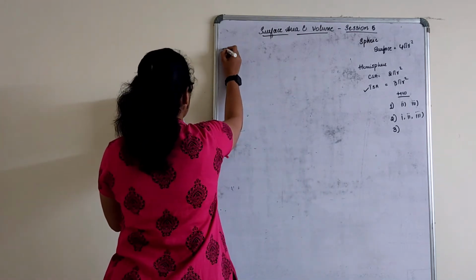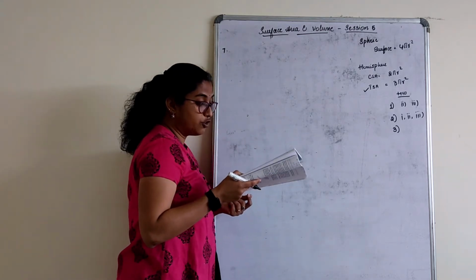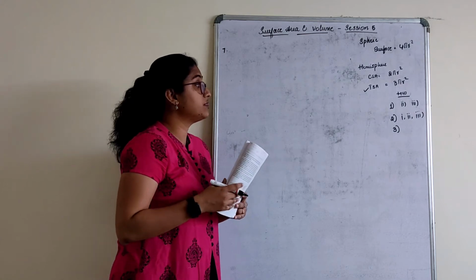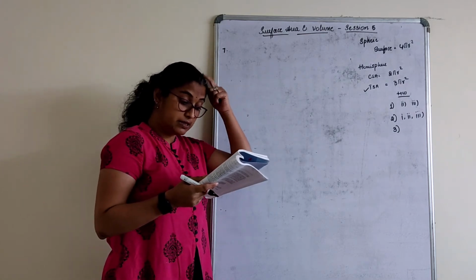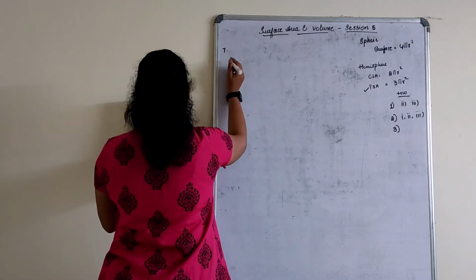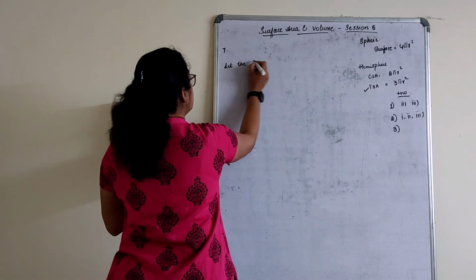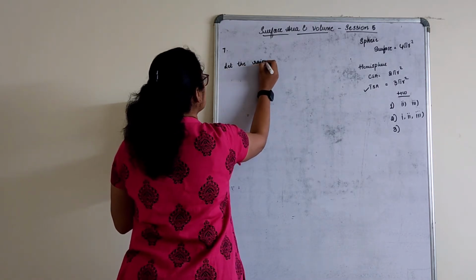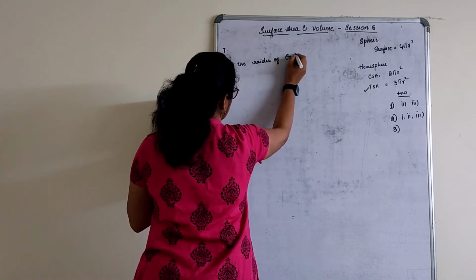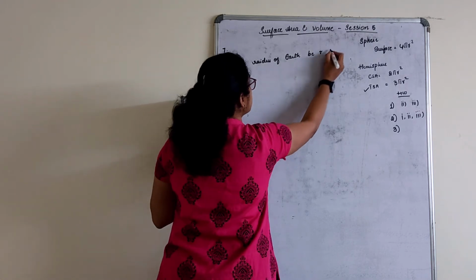Seventh one. The diameter of the moon is approximately 1/4 the diameter of the earth. Find the ratio of their surface areas. It is about the moon and the earth, where nothing else is mentioned. Let us first consider the radius of earth to be r.